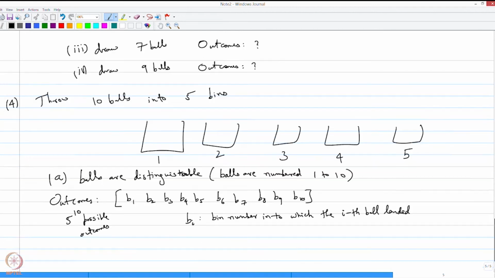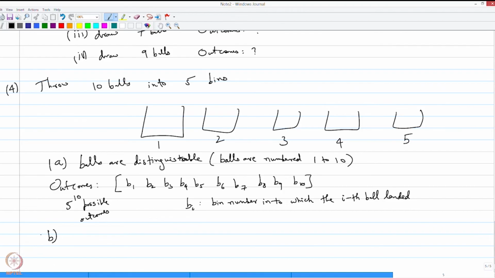Okay. So, there is also the other case where balls are indistinguishable. Okay. So, maybe these are all similar tennis balls and you are just worried about how many balls went into each bin. Okay.